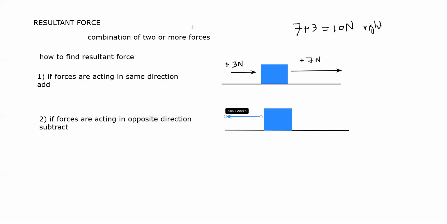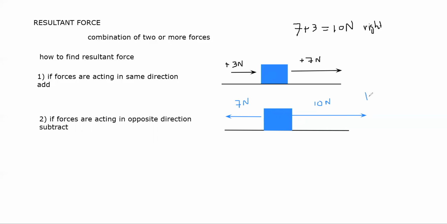A 7 Newton force is towards the left and 10 Newton is towards right. So basically, either you subtract or you consider their sign.